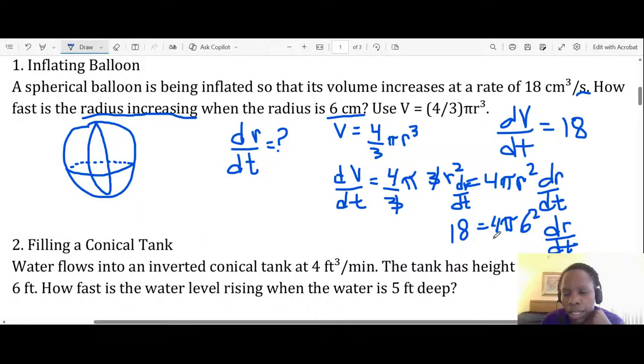If we divide by the 4 pi and the 6 squared, then we can get the answer.